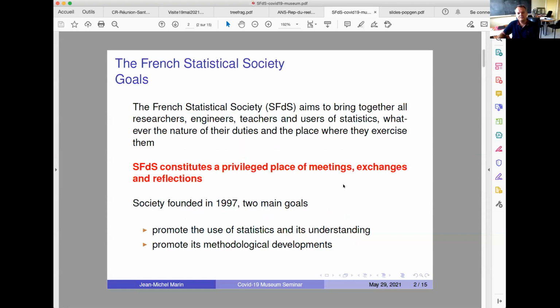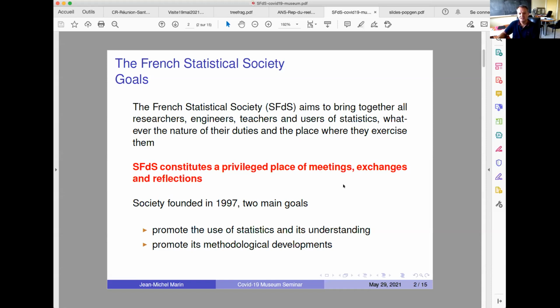So what is the French Statistical Society? Its goal is to bring together all researchers, engineers, teachers, and users of statistics, whatever the nature of the duty and the place where they exercise them. The French Statistical Society is a privileged place of meeting, exchange, and reflection.